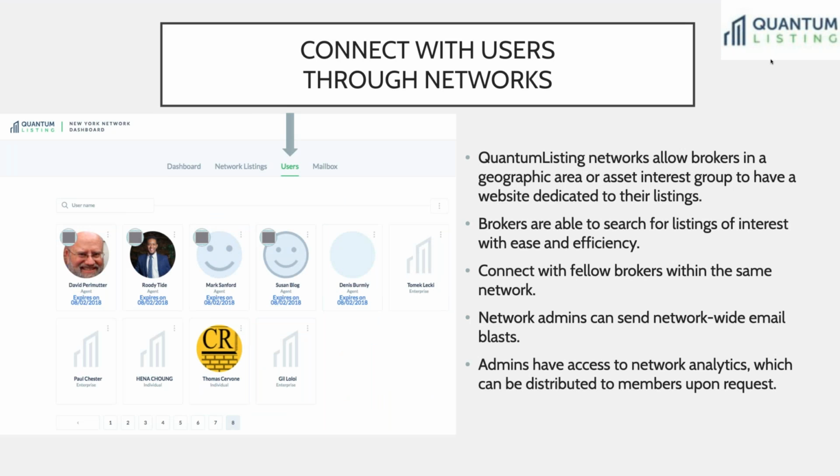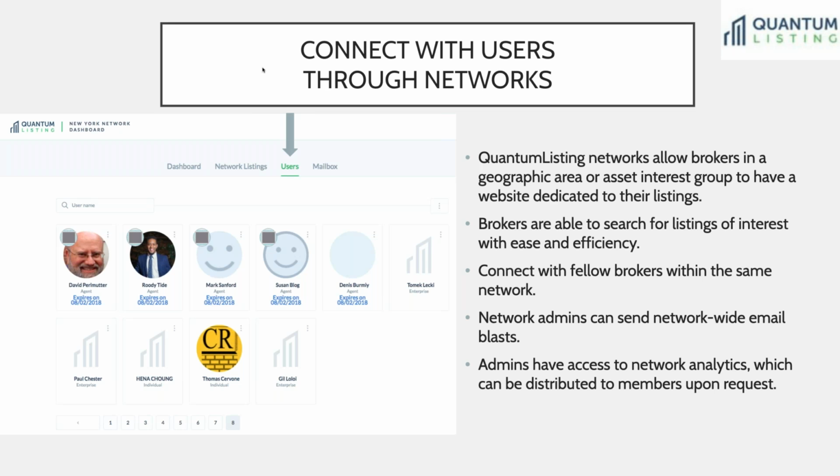So we have something called networks on Quantum Listing, and what you're looking at here is the network admin's dashboard. That's what the image is here on the left. Quantum Listing networks allow brokers in a geographic area or asset interest group to have a website dedicated to their listing.